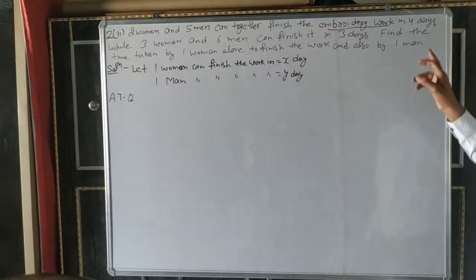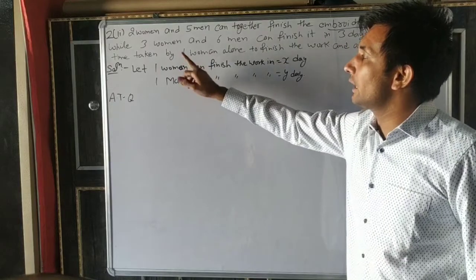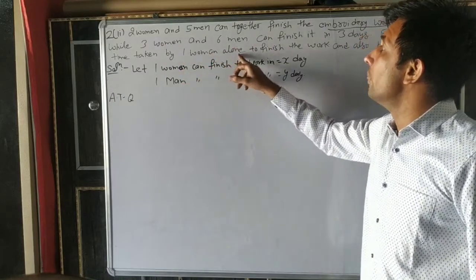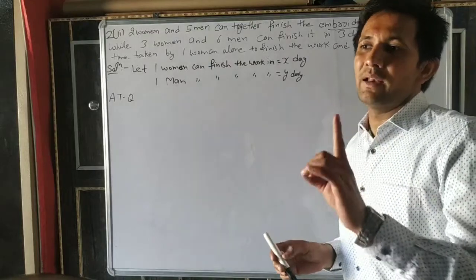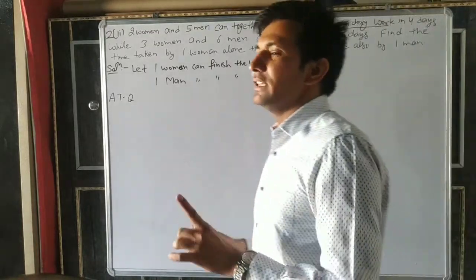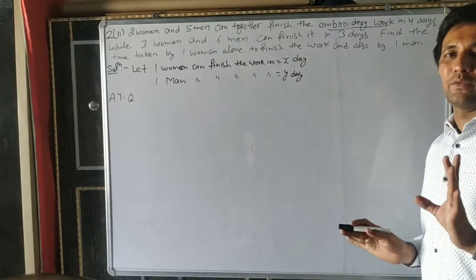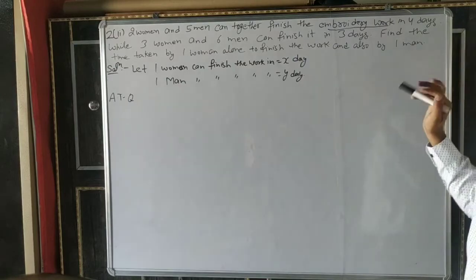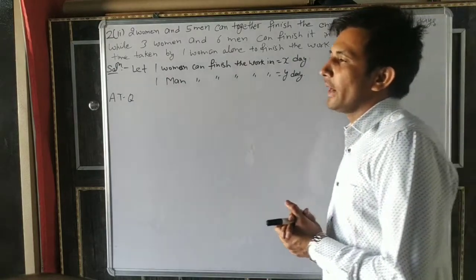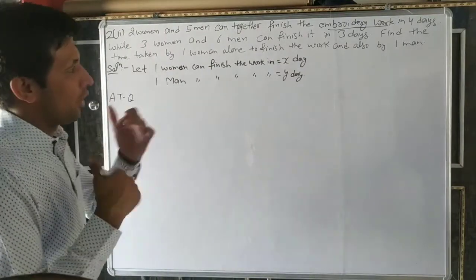So we have to find the time taken by one woman alone to finish the work. So we have to find in how many days one woman can finish the work. And same way, one man also, we have to find in how many days one man can finish the work.